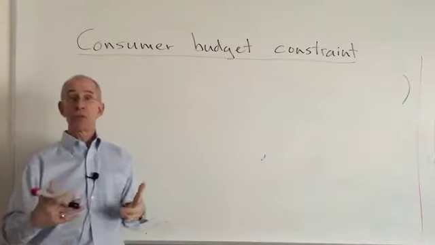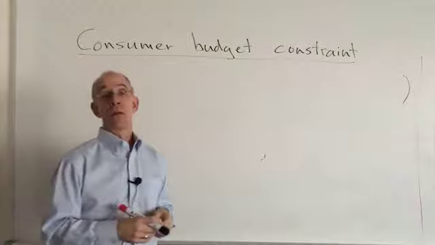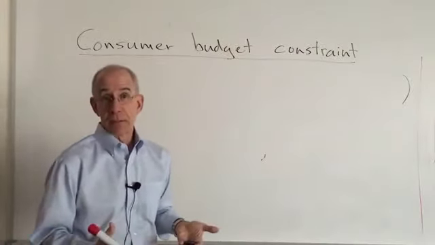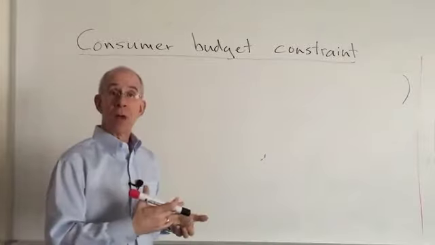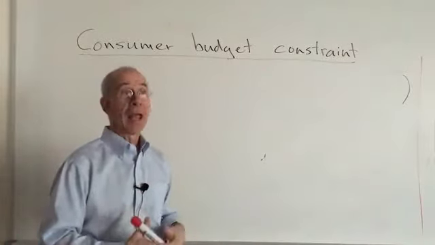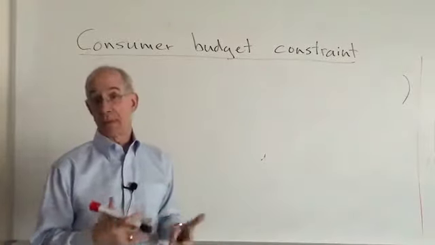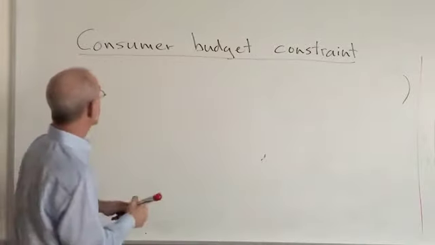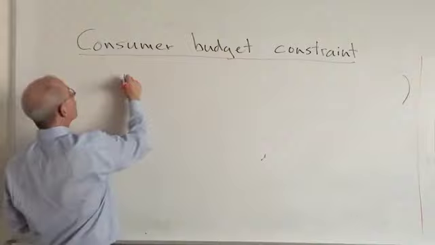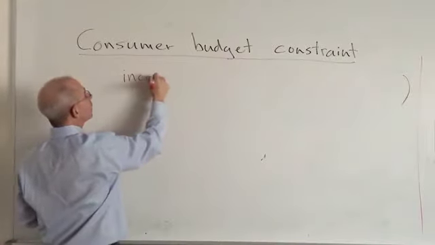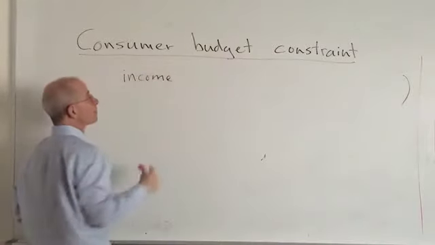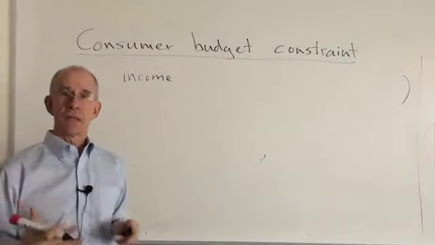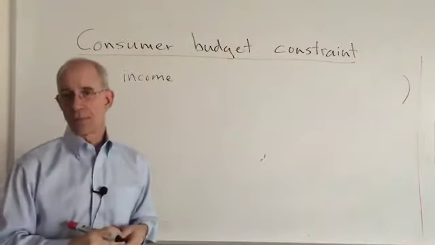Now, a budget constraint is simply a way to formally depict how much income people have and how much they can buy with that income. So I want to think about, first, the amount of dollars that someone has for a given month.